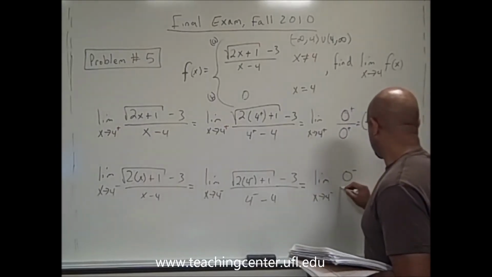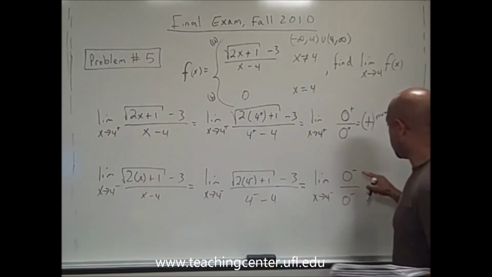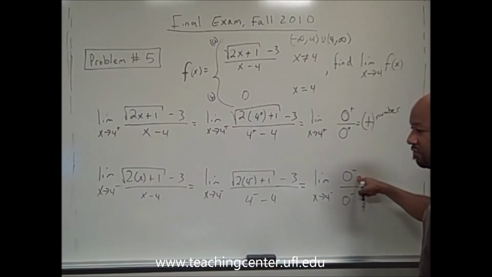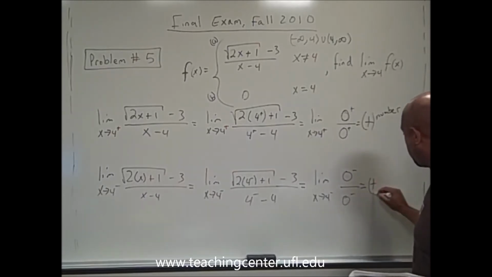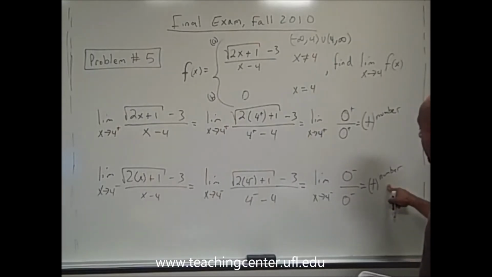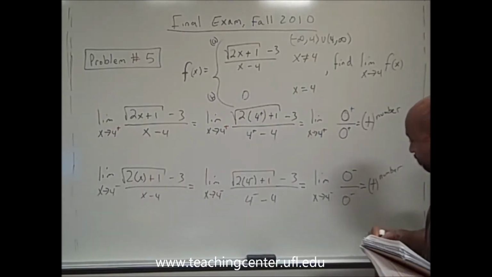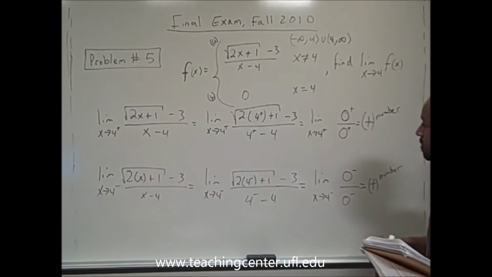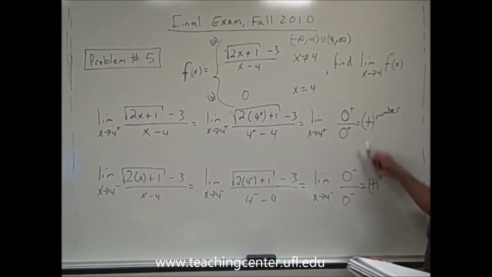In this particular situation, we're going to get 0 over 0 again. But this number is going to be, again, a negative number, and a negative number divided by a negative number is still going to give us a positive number. And these two positive numbers are going to be basically the same. So we still haven't solved the problem. We got 0 over 0.